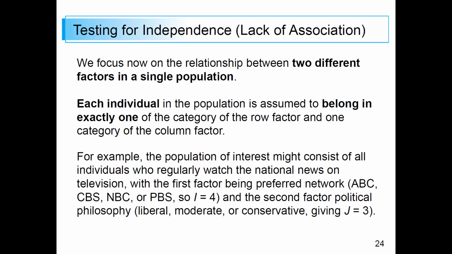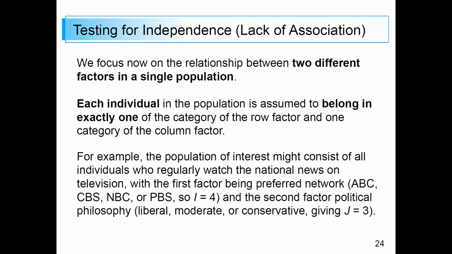Like at any time, one person could not be watching multiple networks, and this person's political philosophy is also just one of them. So that's the situation that we are considering.